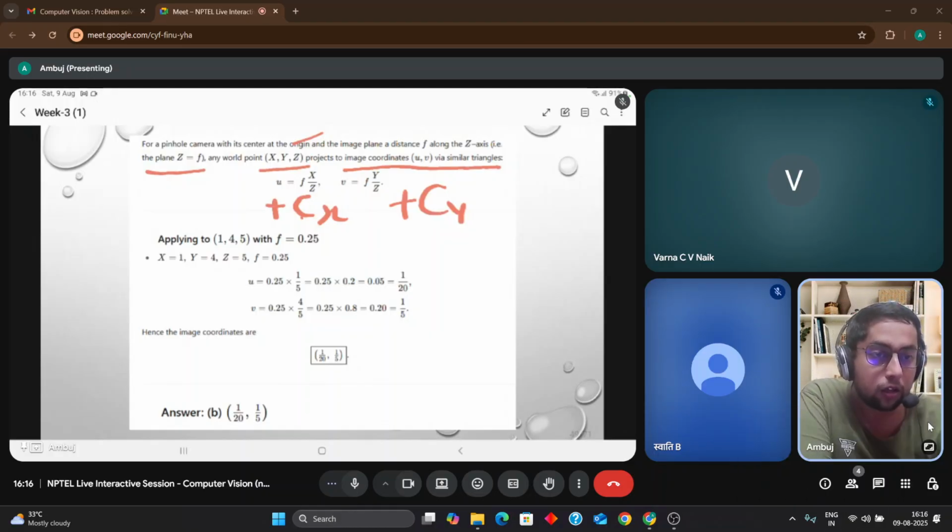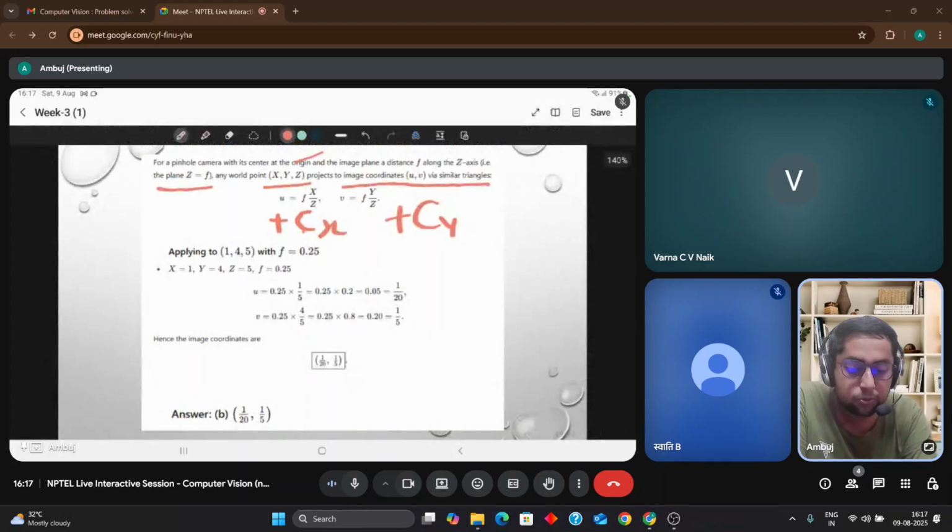So it would be 0.25 multiplied by 1 by 5, and v would be 0.25 multiplied by 4 by 5. 0.25 multiplied by 0.2 equals 0.05, that is 1 by 20, and 0.25 multiplied by 4 by 5 equals 0.20, that is 1 by 5. With 1 by 20 and 1 by 5, directly you would be getting option number B.